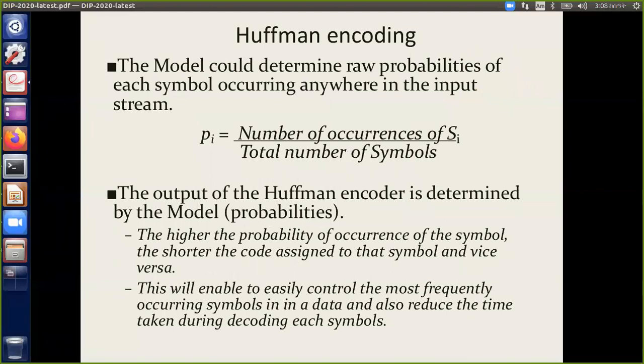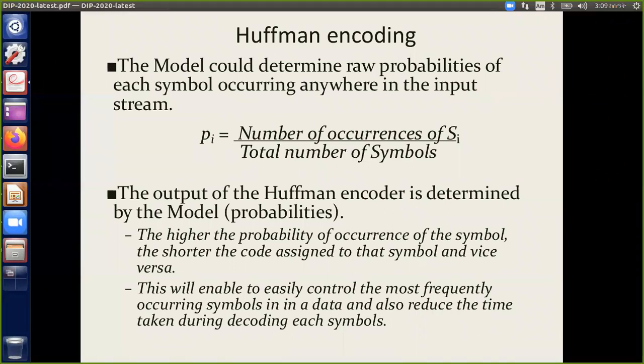The major thing for Huffman encoding is, since it is a static or statistical encoding algorithm, given textual data or image data, it tries to calculate the probability of occurrence of every symbol in that data.